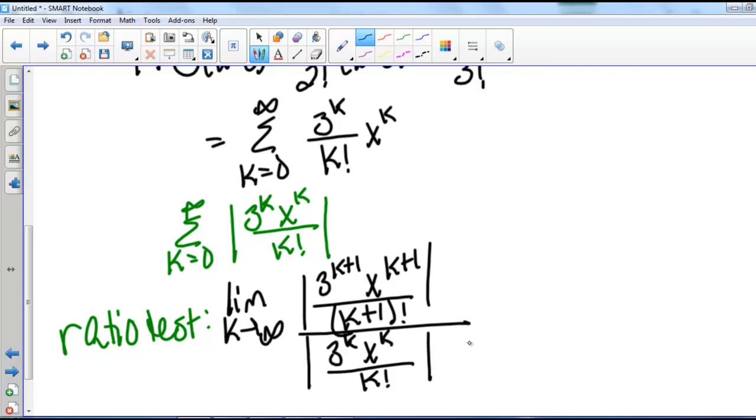And this is going to simplify to the limit as k goes to infinity of the absolute value of x times the absolute value of 3 times 1 over k plus 1.